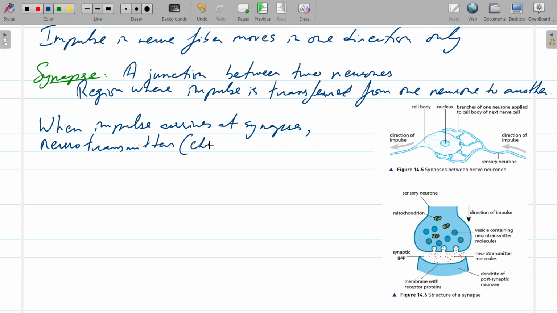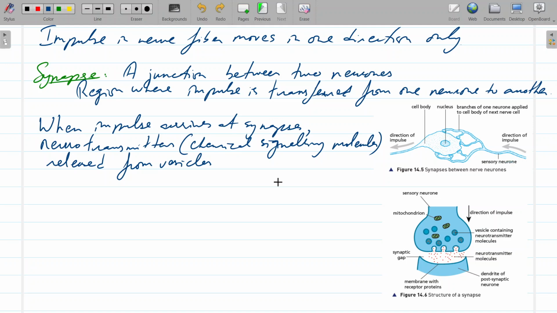They are chemical signaling molecules released from vesicles in the sensory neuron, in the neuron that is bringing the impulse.